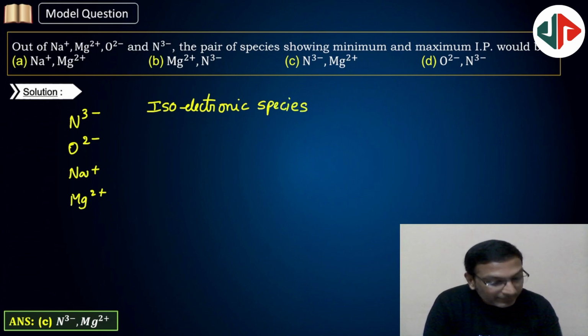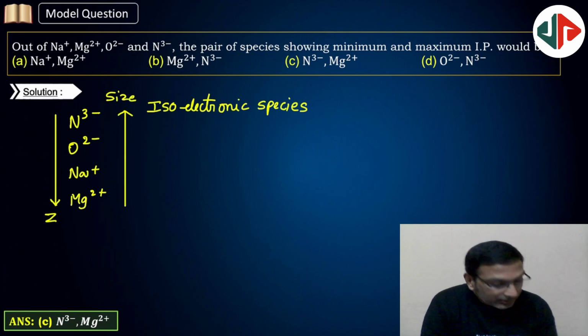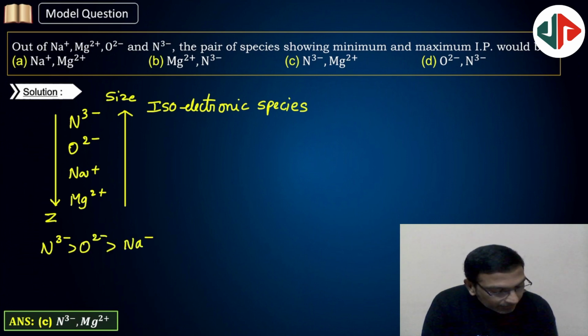So atomic number Z increases in this order, and then size will be in the reverse order. So the size order is N3 minus, O2 minus, Na plus and Mg2 plus.